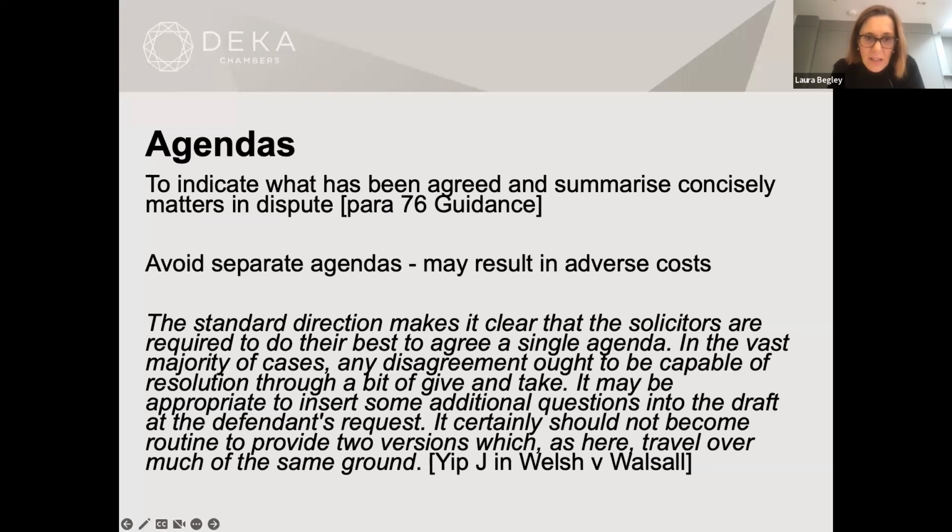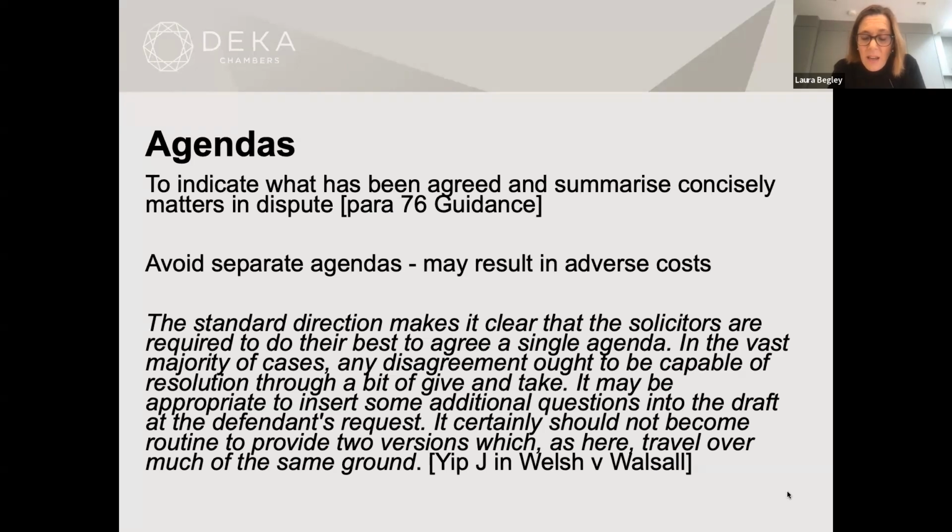And she said, the standard direction makes it clear that solicitors are required to do their best to agree a single agenda. In the vast majority of cases, any disagreement ought to be capable of resolution through a bit of give and take. It may be appropriate to insert some additional questions into the draft of the defendant's request, and it certainly should not become routine to provide two versions which, as here, travel over much of the same ground.